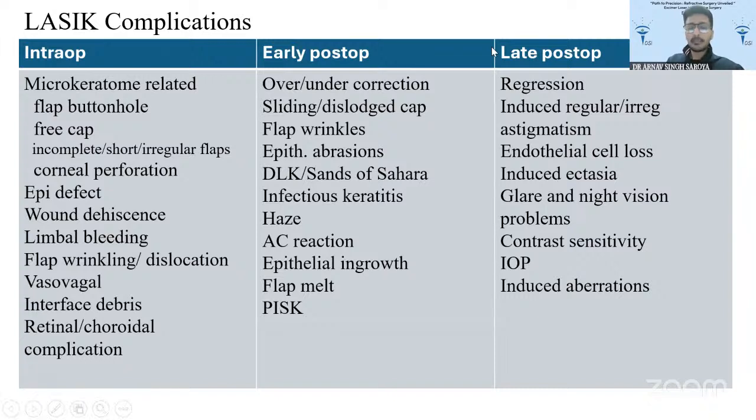Infectious keratitis, epithelial ingrowth, which we do see very commonly, and it is a sign that the patient has been treated with microkeratome or a femtosecond LASIK. Late post-op, including regression, induced regular or irregular astigmatism, endothelial cell loss, ectasia, glare and night vision problems, which is very common again, and loss of or diminished contrast sensitivity.